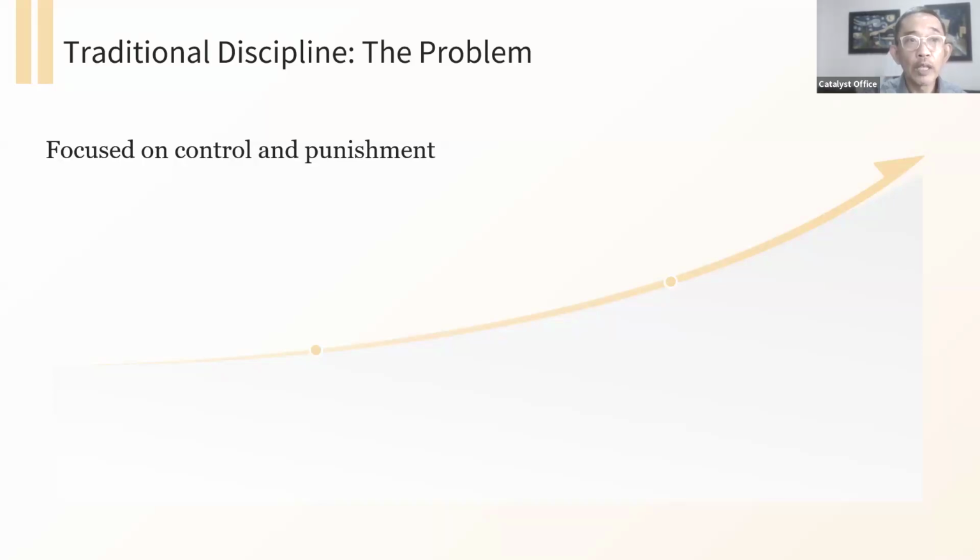Well, usually when there is an offense that is committed by a student, the teacher feels that they are not in control. And so for them to be able to establish control over the student, they need to punish. And that is how traditional discipline operates.